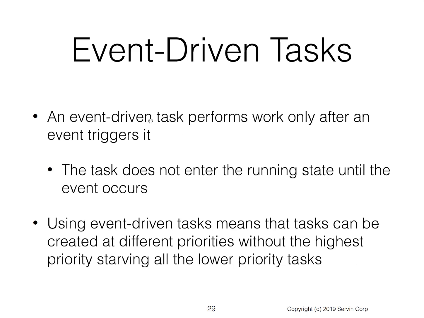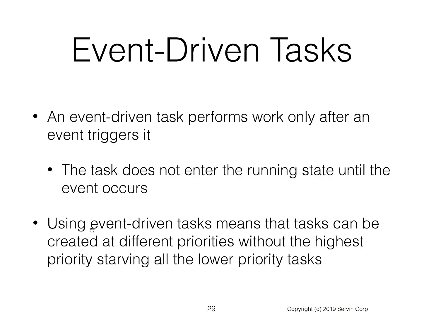So what we mean by that, an event-driven task performs work only after an event triggers it. So if there's been no event, there's nothing for it to do, so it does not take up any processor time. That's very important because you would only want to use processor time when you need to, so the task will enter the running state only when the event occurs.